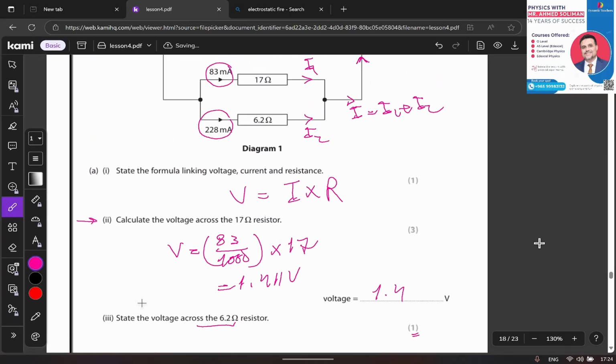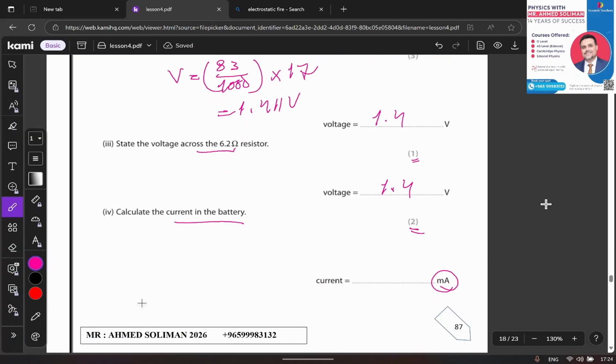Just add 83 plus 228. So what is the result? It will be 311.